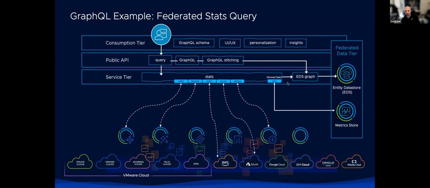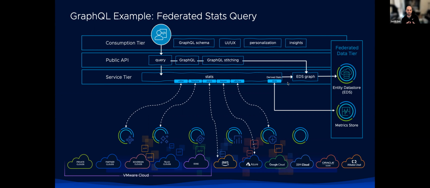So our stats service will go out and pull the source of truth of that object, which the user has to not know anything about, and pull that metric. So I'm going to Verni, I'm going to Ops, I'm going directly to the source, AWS and Azure and GCP.